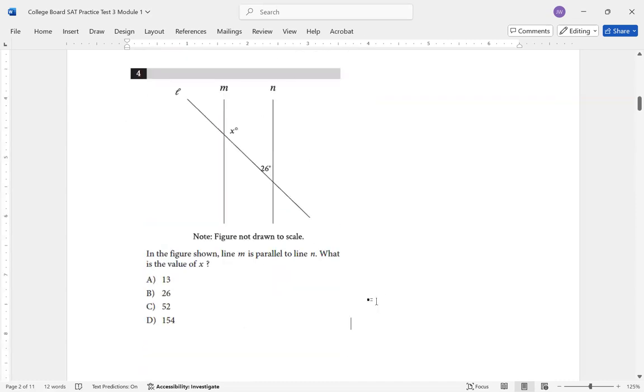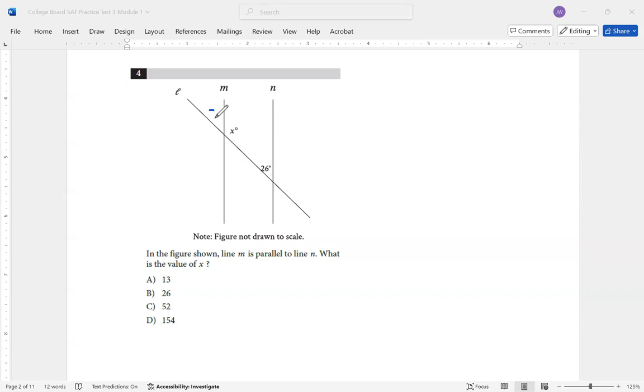Question 4. In the figure shown, line M is parallel to line N. What is the value of X? Well, parallel lines are going to meet a cross line at same angles. So if we're doing this, what we can see is that this angle, which is at 26 degrees, is going to be the same as this angle.